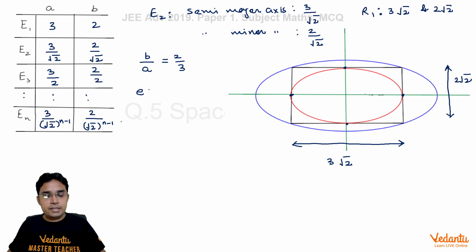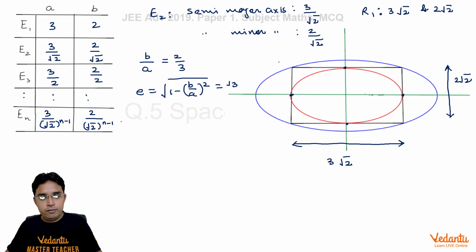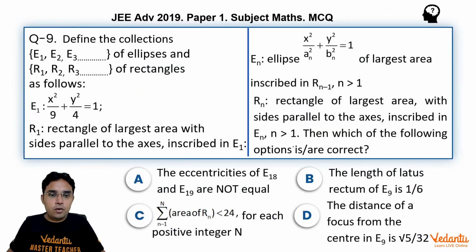In fact, eccentricity can be obtained by the formula root over 1 minus (b upon a) whole square. So this will be root 5 upon 3. So option A is definitely wrong.